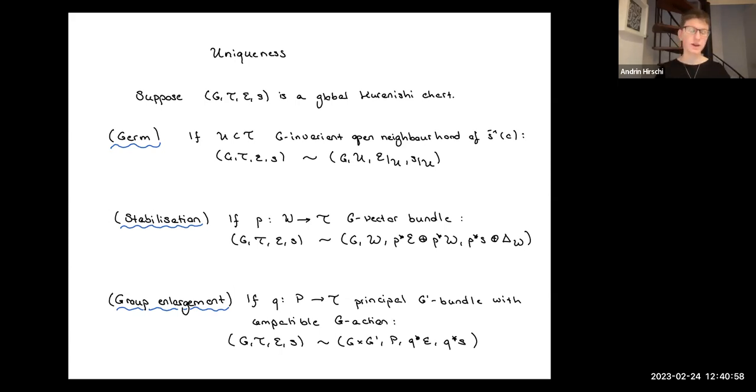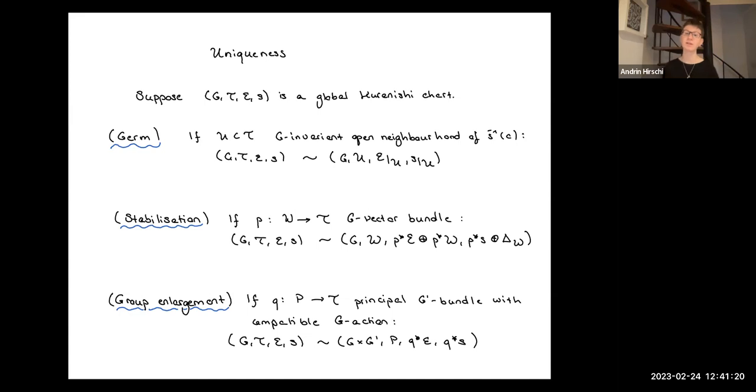Another equivalence relation is so-called stabilization, and it says that if W is a G-vector bundle over the thickening, then you can replace the thickening by W, which means in some sense you just add more information to the thickening. Now, to get the same space back, you also have to add this information to the obstruction bundle.